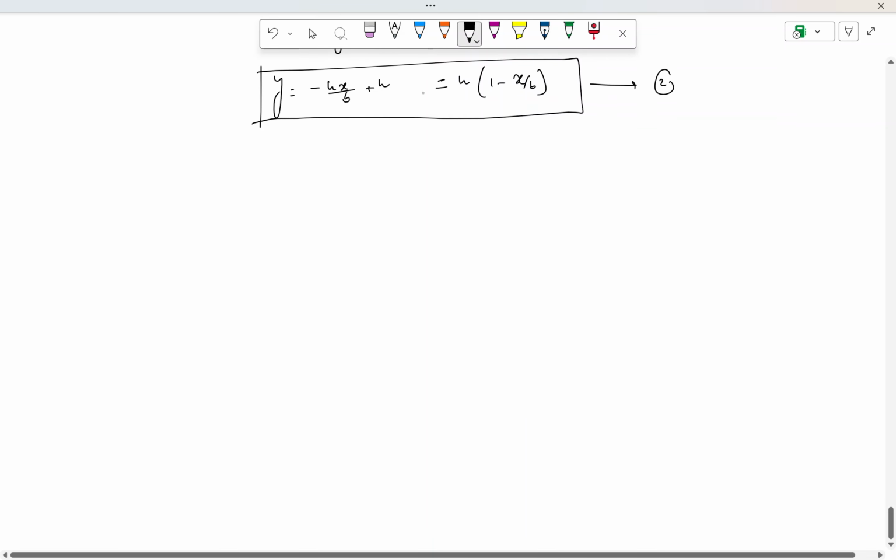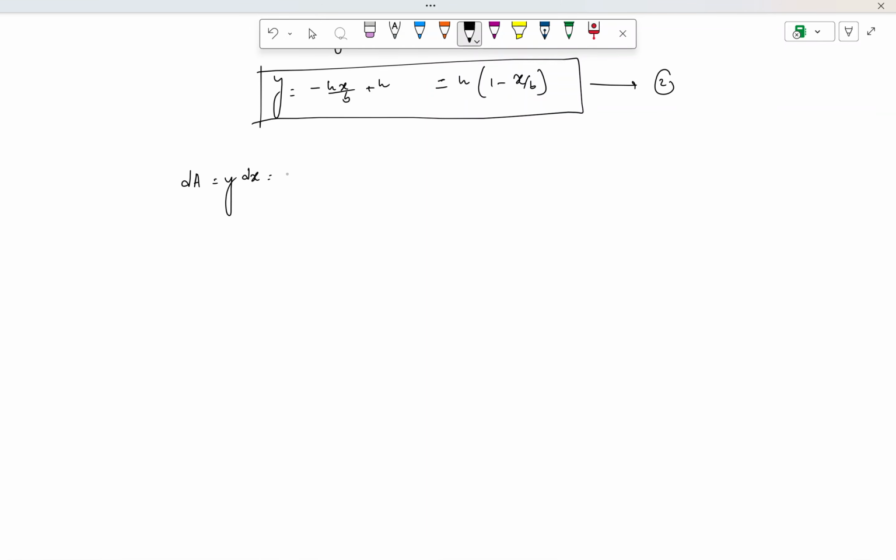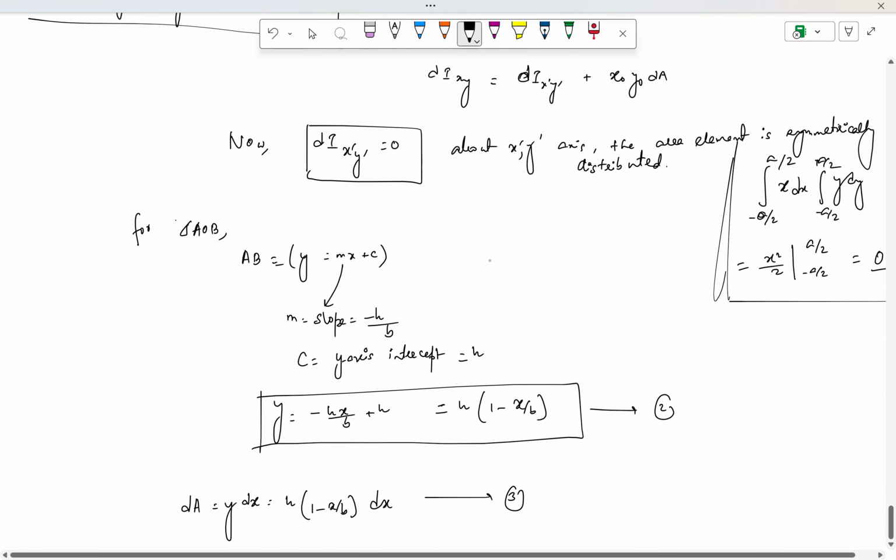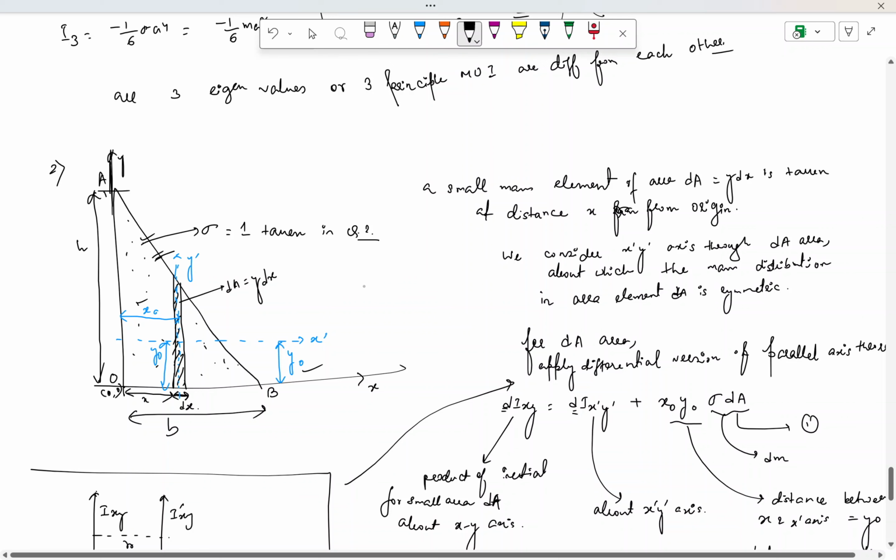Now once y is known, then you can find out what is the area element dA. dA equal to simply y dx. So y equal to 1 minus x by b into h into dx. This is our equation number 3. Okay. Now from the picture, if you again look at it, you will see that this distance x naught from the symmetric axis y prime to the original y axis is the same as this distance x.